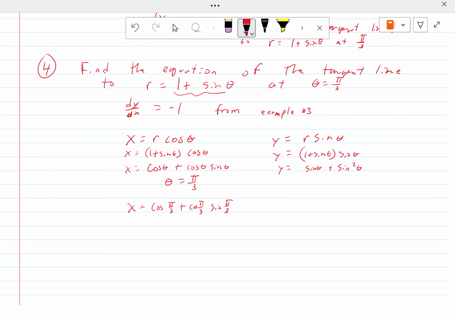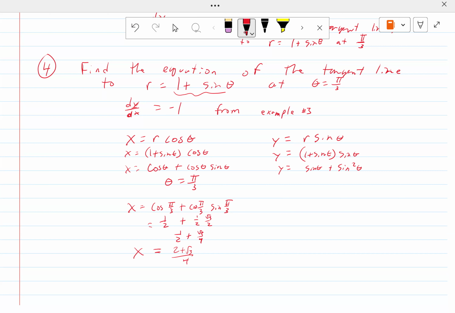So that's 1/2 plus 1/2 times the sine of pi over 3, which is radical 3 over 2. So this becomes 1/2 plus radical 3 over 4. If I get a common denominator, this will be 2 plus radical 3 over 4. And that's where x is located. x equals 2 plus radical 3 over 4.